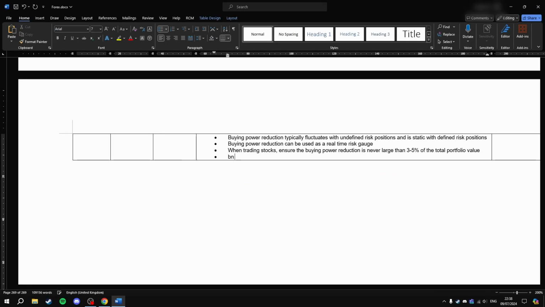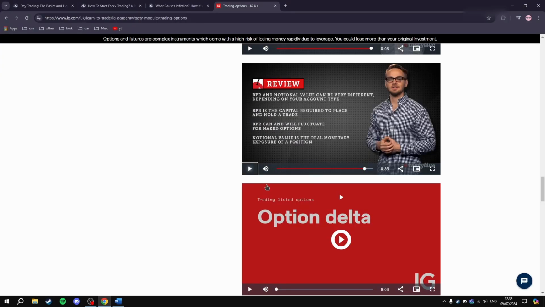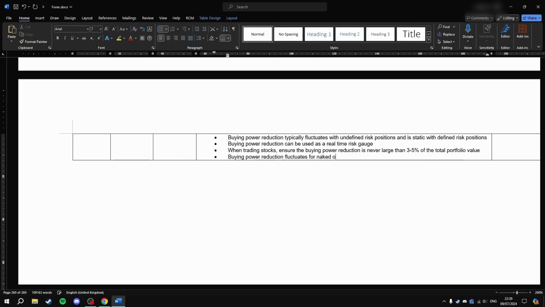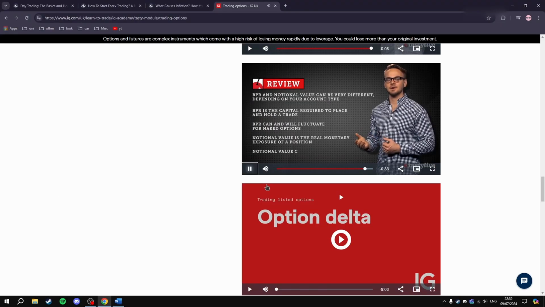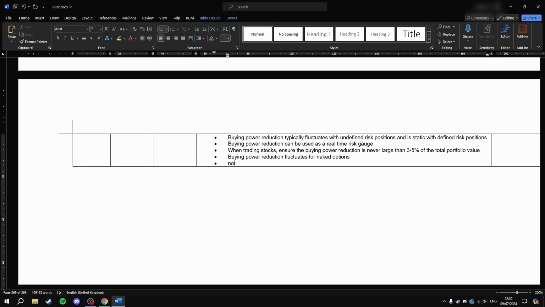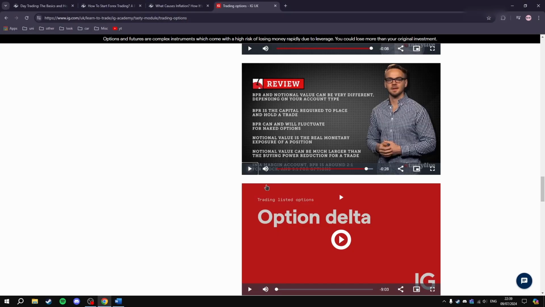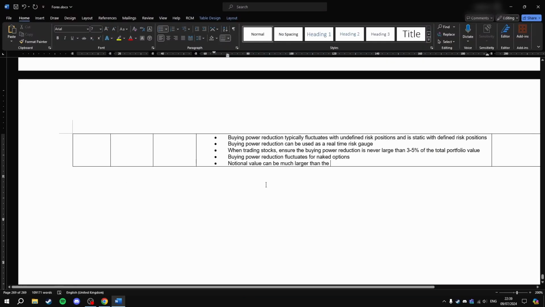Notional value is the real monetary exposure of a position and can be much larger than the buying power reduction for a trade.